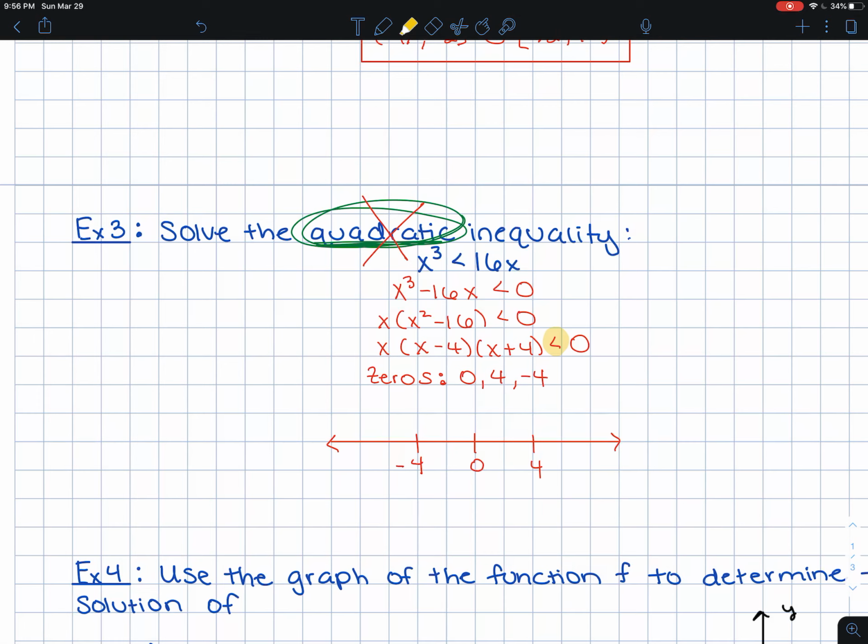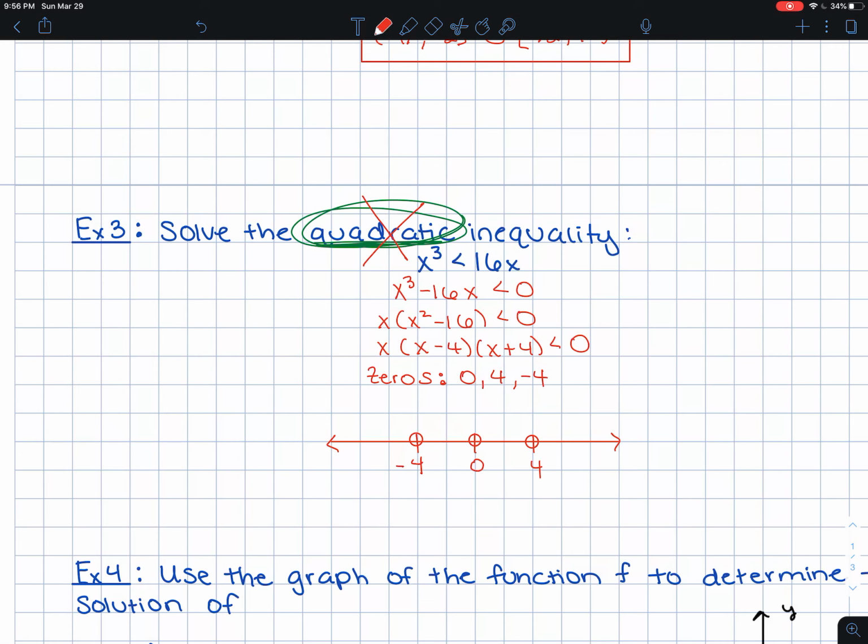But since we don't in this case, we're just going to write open circles. Remember that the open circles mean that we do not include negative 4, 0, and 4 as part of our solutions. Okay, next, we want to test each interval to see if we get negative or positive solutions.